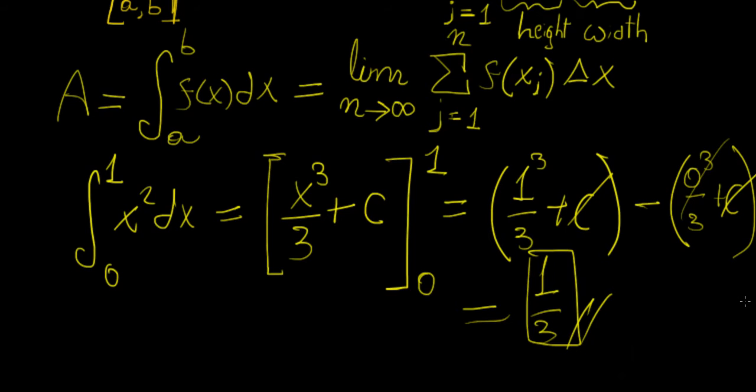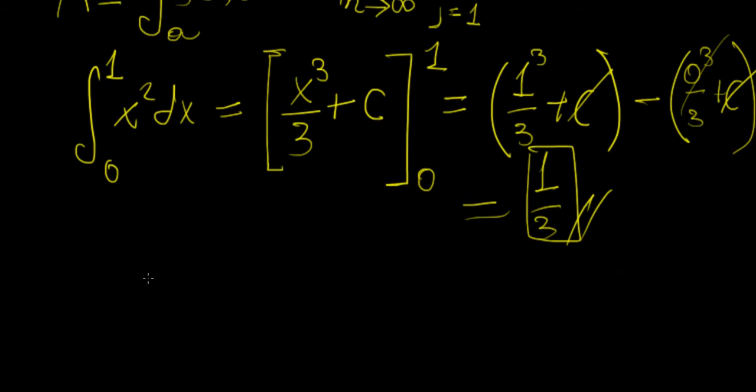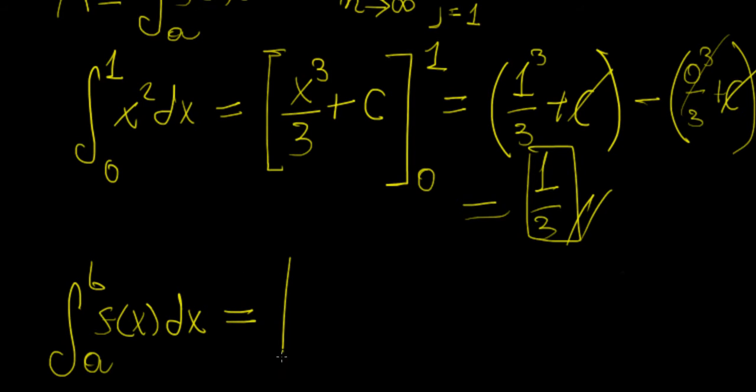So that's why we have this expression, and we can generalize this by saying that the definite integral from a to b of a function f(x) dx is going to be equal to F(x), which is the primitive function or antiderivative of f(x), from a to b.